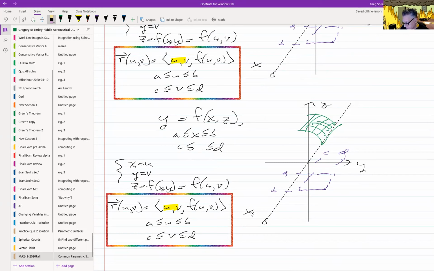And x could go from a to b. And z goes from c to d. That picture is going to be totally different. So let's get rid of everything except the axes.